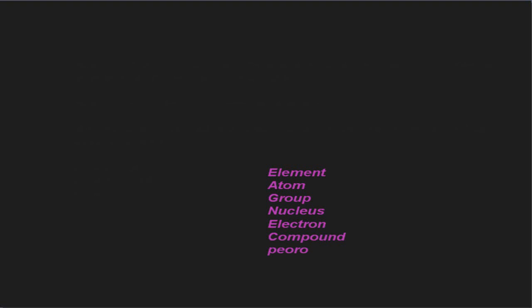So the keywords are: element, atom, group, nucleus, electron, compound, proton, neutron, atomic number, and mass number, or atomic mass.